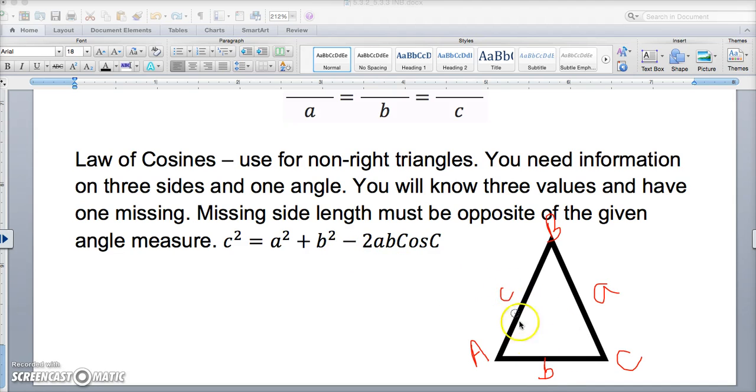In order for this to work, you've got to have the angle measure that's between these 2 sides. And you can call this triangle anything you want to make it match this formula.